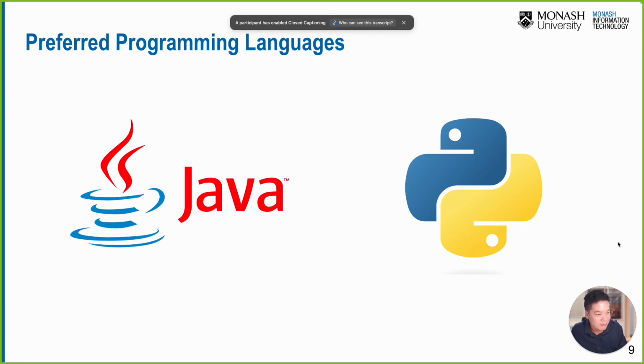Okay, yeah, Java or Python. Yeah, cool. Okay, that's good. Thank you. Thank you, everyone. Wow, 147 students.